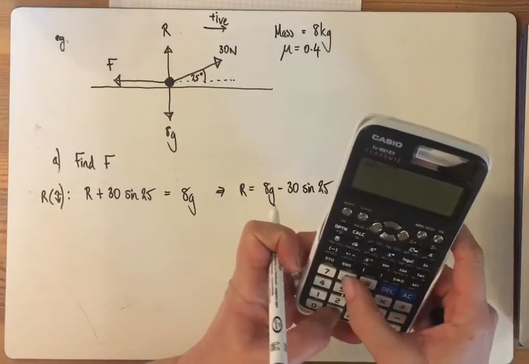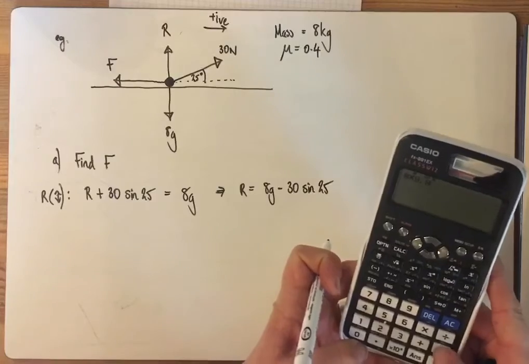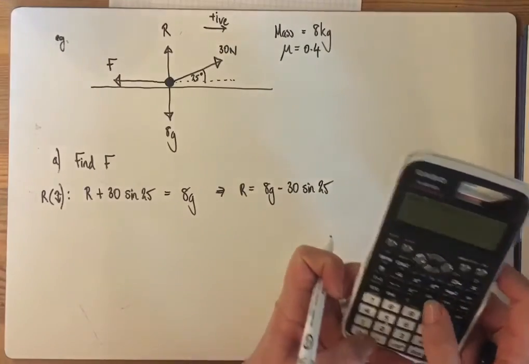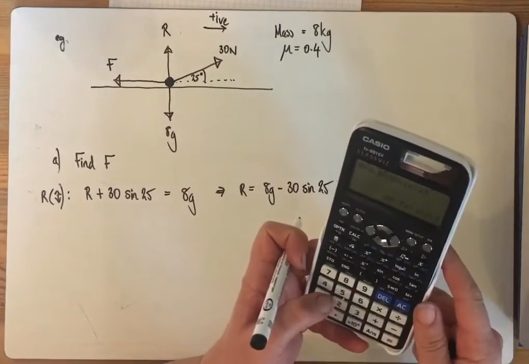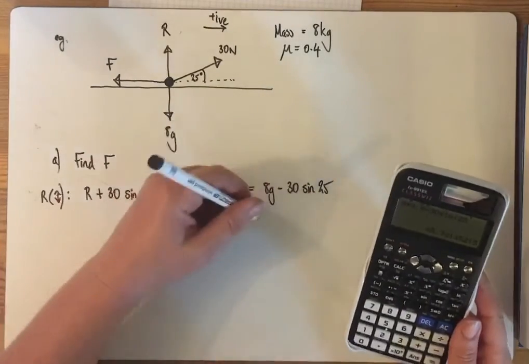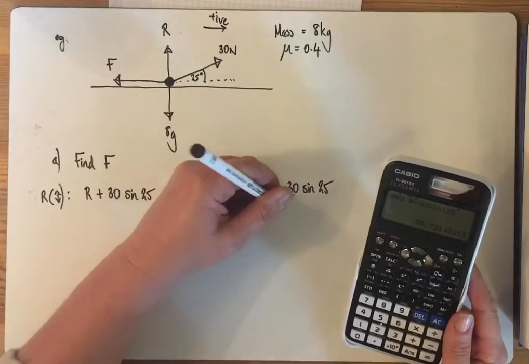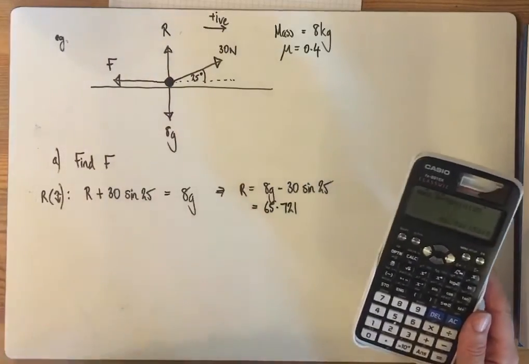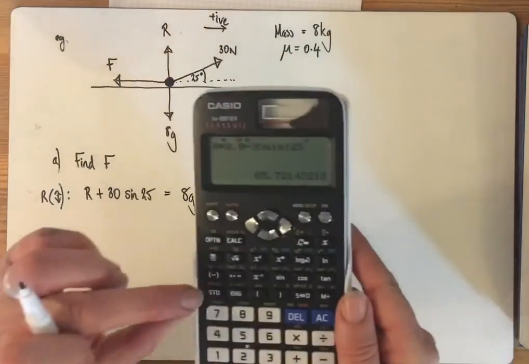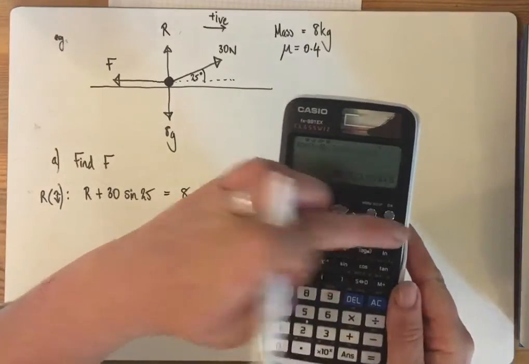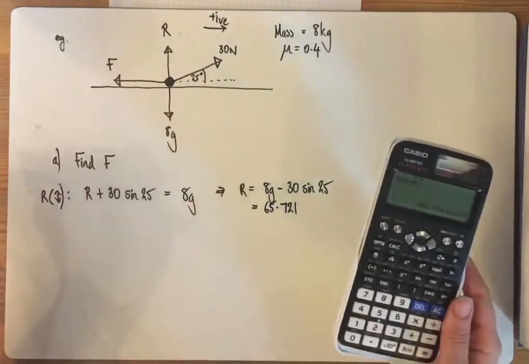So I can do 8 times 9.8 minus 30 sine 25. So that's 65.721. Again, you just need to be on the lookout for these rounding errors. So I would personally, I know I'm going to use that again, so I would just do store x and then it's there for when I want it.